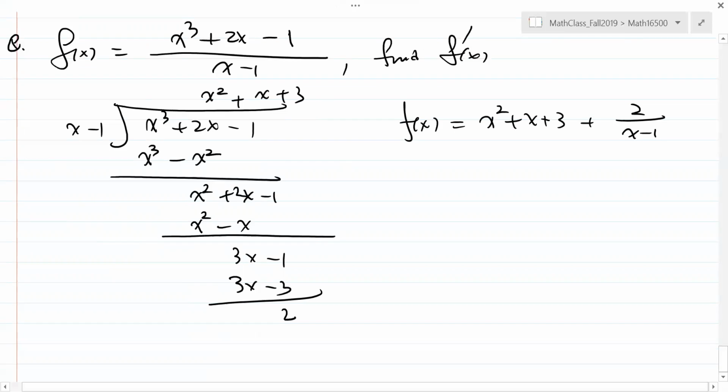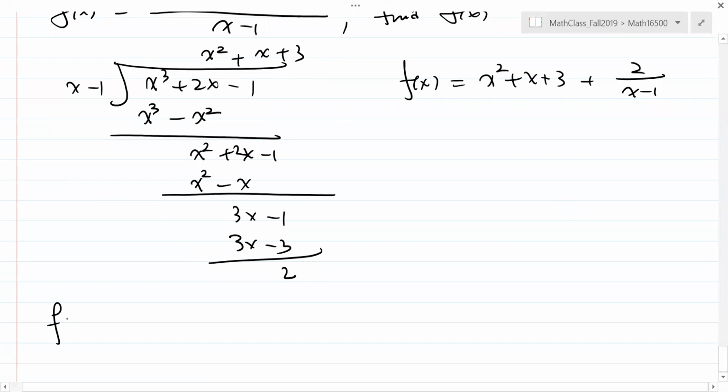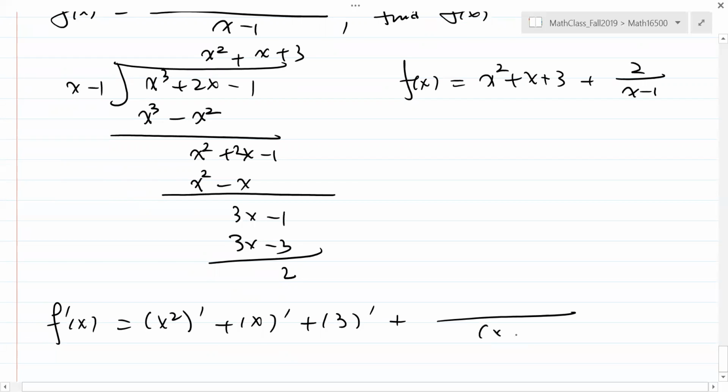So even if you wanted to apply the product or quotient rule, the last term is 2 over x minus 1, much simpler. So f prime of x is going to be 2x plus 1, plus the derivative of 2 over x minus 1 using the quotient rule.